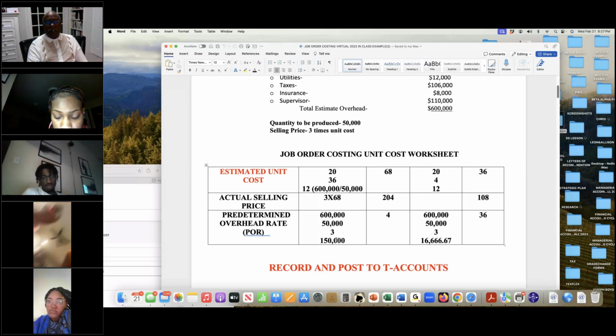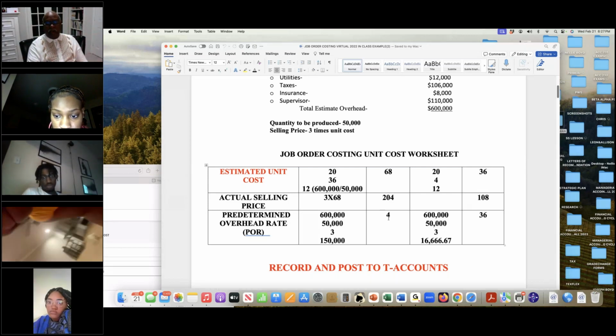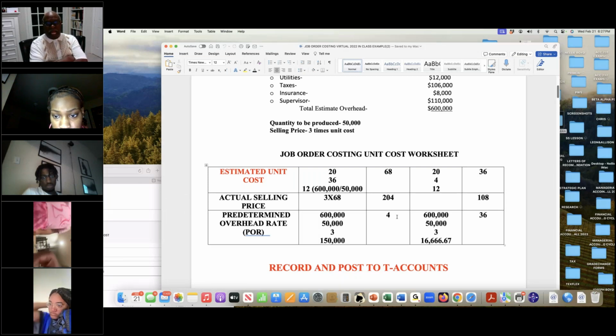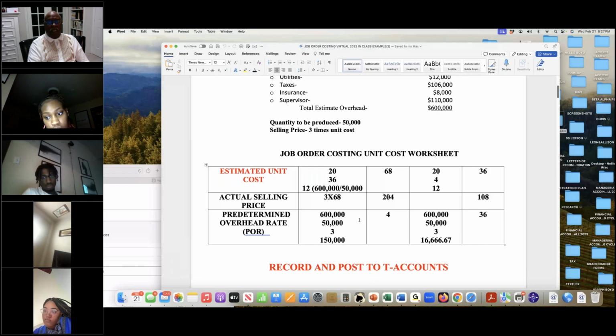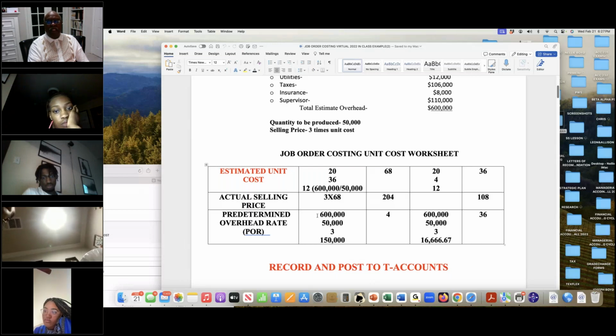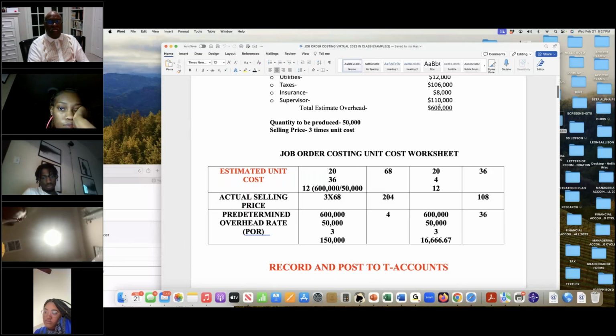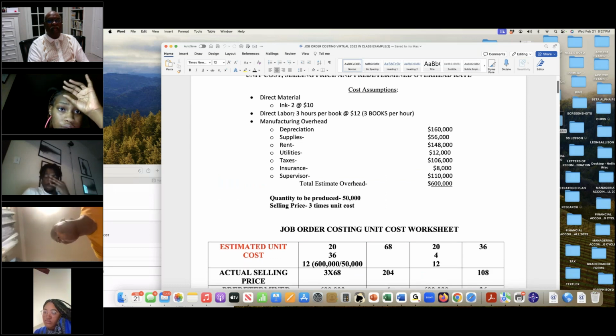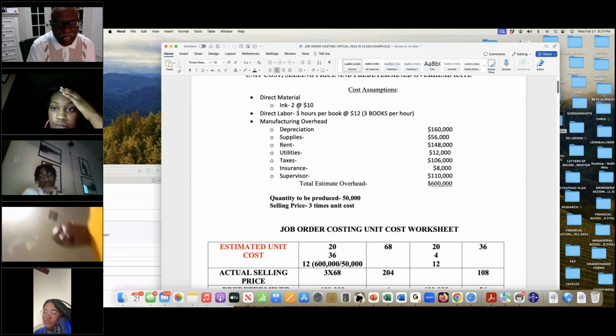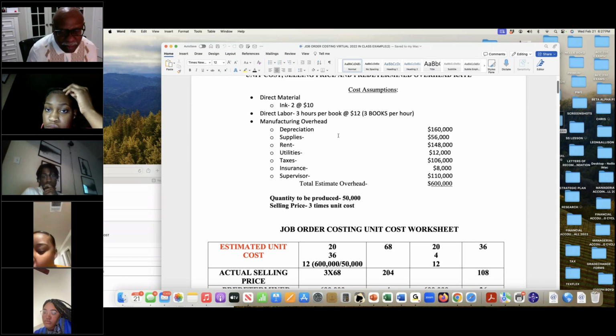This is a number we're using a calculation to estimate the overhead as we're making the item. So predetermined overhead rate, the first item in here is the total overhead. The second item is the quantity to be produced. The third item is the productivity rate in making it, which is 3 hours.